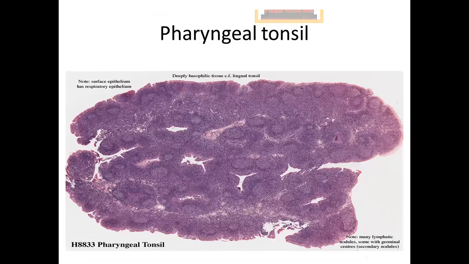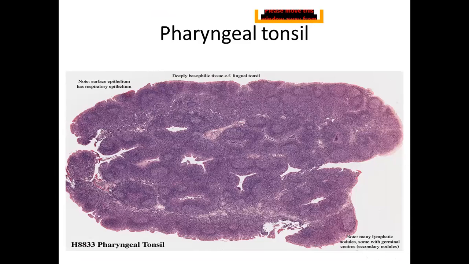The last one is the pharyngeal tonsil. It is a single pharyngeal tonsil located at the roof of the nasopharynx.